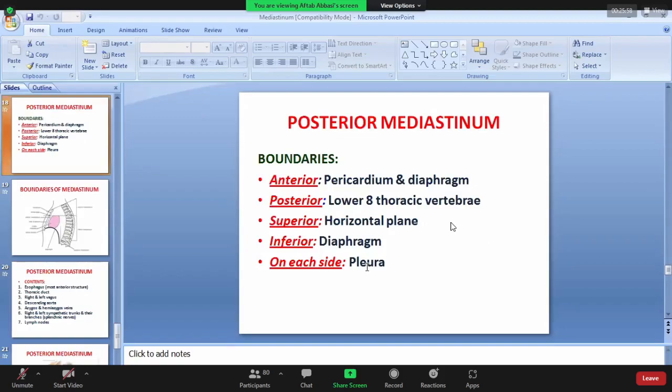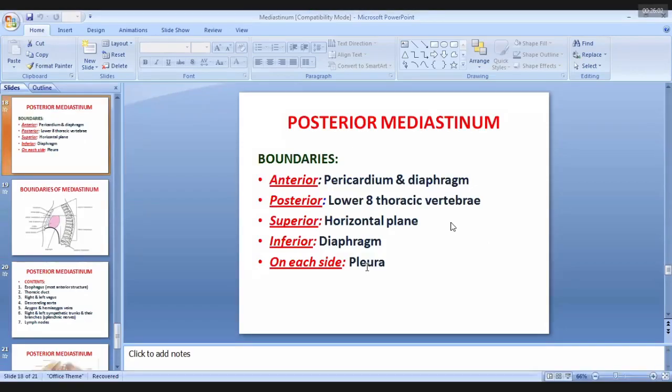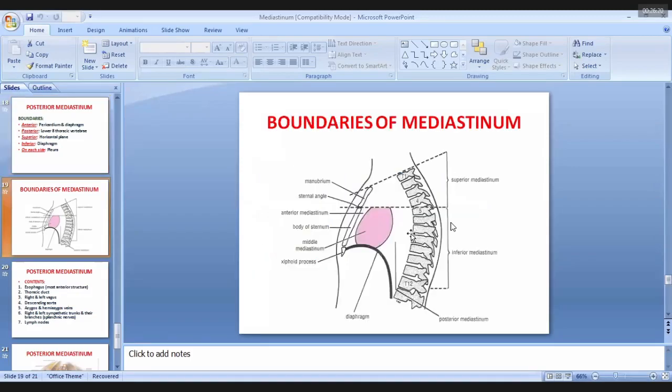Now the posterior mediastinum is bounded anteriorly by the pericardium, along with some part of the diaphragm, posteriorly by the lower 8 thoracic vertebrae, superiorly by the horizontal plane, the transverse thoracic plane, inferiorly by the diaphragm, and on each side by the pleural cavities. Again, see in this figure, these are the boundaries.